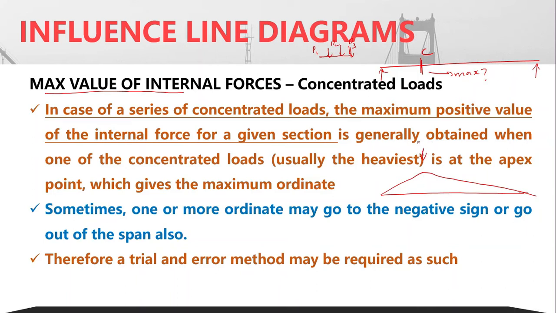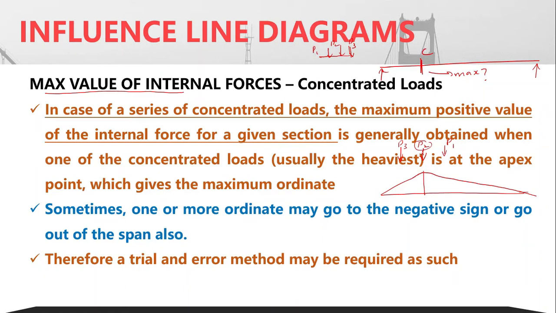Say for example P2 is maximum, so this will be P2, this will be P1, and this is P3. If I multiply each load by its corresponding ordinate, I get the maximum value of bending moment. The train of loads passes from the leftmost point to the rightmost point, and at one particular position when P2, since it is heaviest, is directly over this ordinate, you get the maximum value.